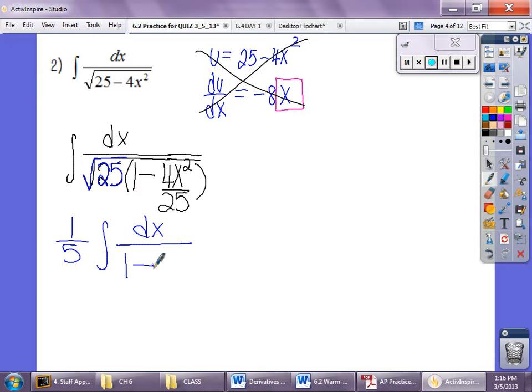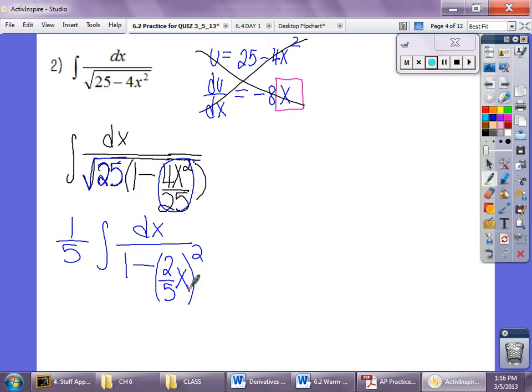I'm going to also rewrite this value as something squared, because that's kind of the frame of the derivative of sine inverse. So the values that I would have to use would be 2/5 x, because 2 squared is 4, 5 squared is the 25 in the denominator, and then the x squared.